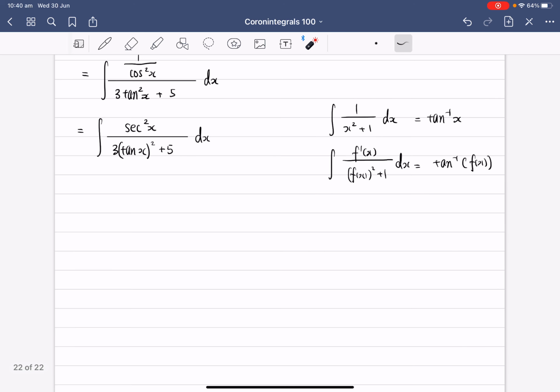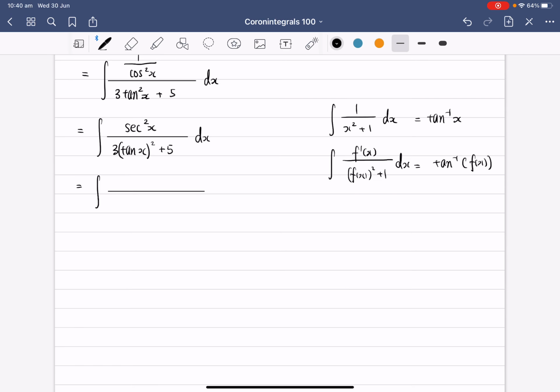The derivative of tangent x, what's inside, is actually equal to sec square on the numerator. If you look at the formula, that is the original function of x, and the derivative of that is on the numerator. By knowing which formula we're using, all we have to do is manipulate this expression a little bit, so we can integrate that using the reverse chain rule.